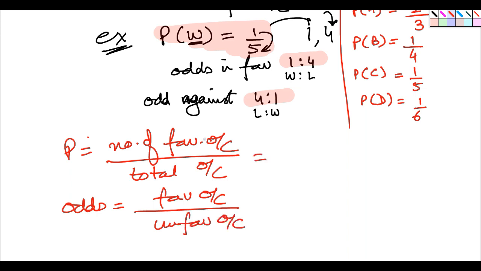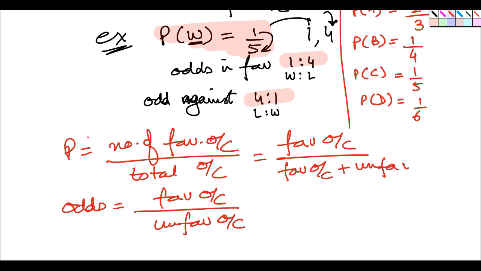If we convert this formula, it will be favorable outcomes upon total outcomes. How many total? Some favorable plus some unfavorable outcomes.